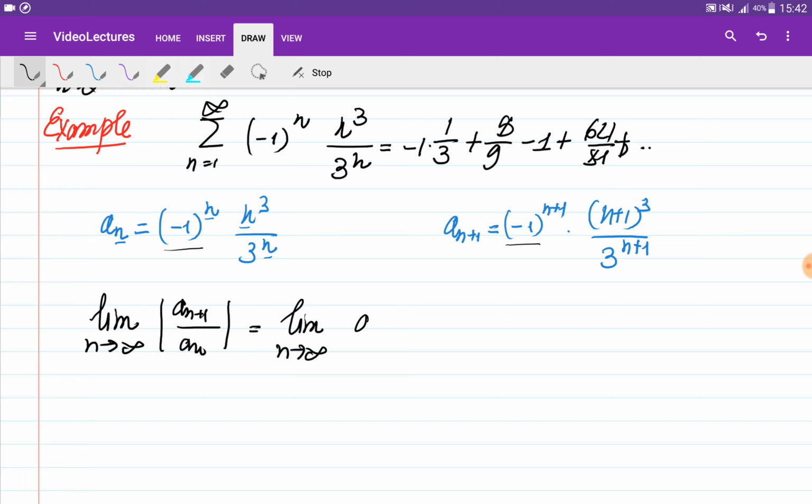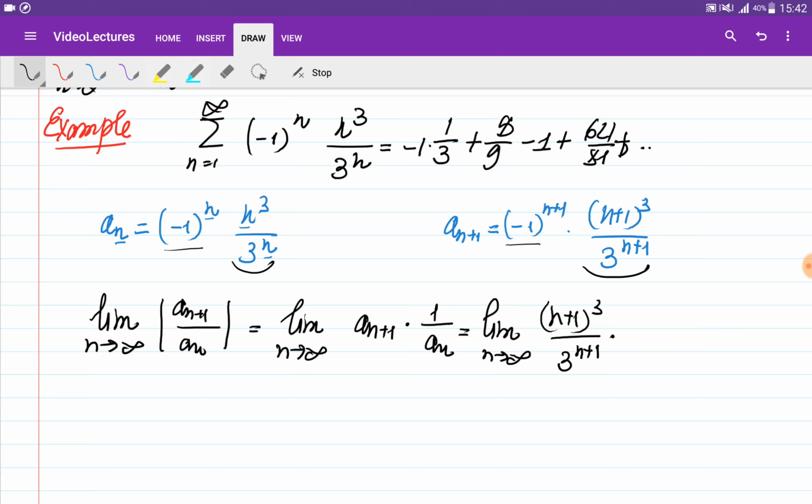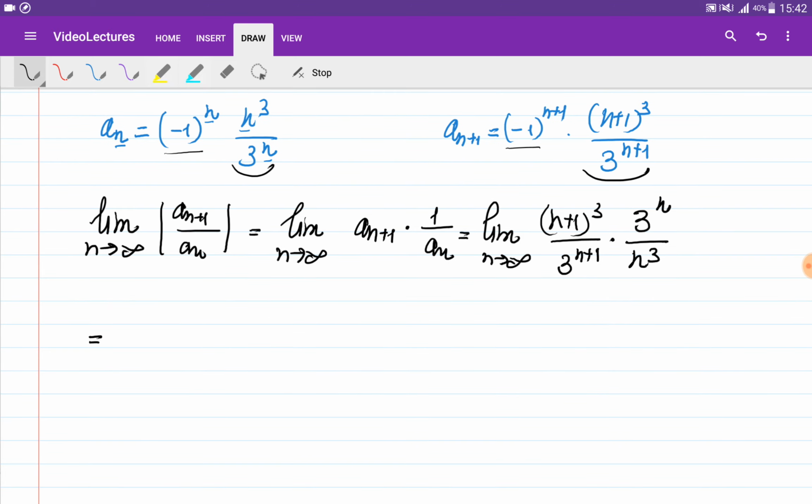I would like to write this as an plus 1 multiplied by the reciprocal of an. So an plus 1 is n plus 1 cubed divided by 3 to the power of n plus 1, multiplied by the reciprocal of an. Reciprocal means I just write 1 over an, which is 3 to the power of n divided by n cubed. So let me rewrite this first of all.